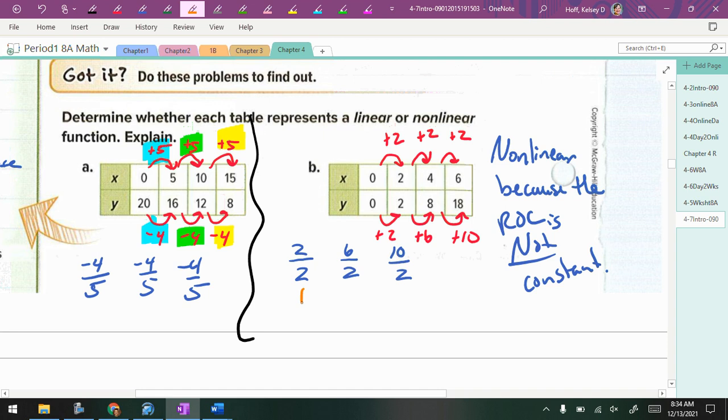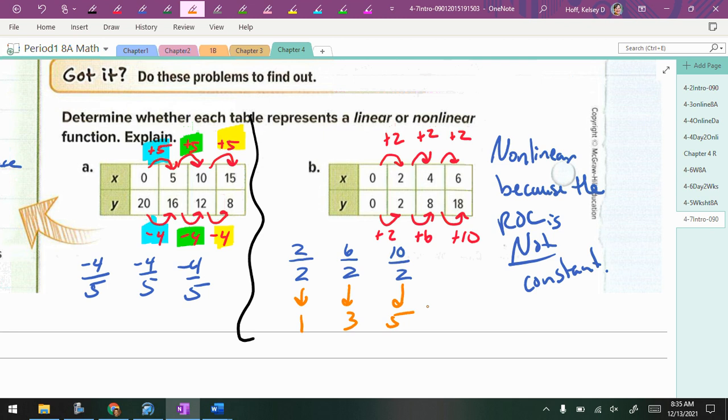And even if you divided these, you'd have a 1, a 3, and a 5. Not the same. That is the whole day. Okay? I want you to try one start to finish on your own, though, before you go off and do a different one on your own, or do the whole assignment on your own.